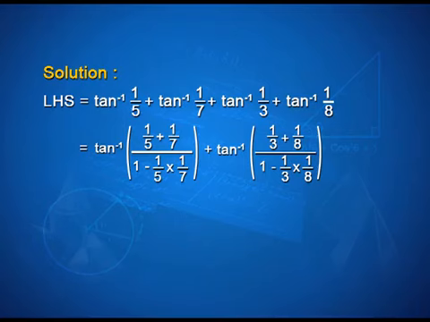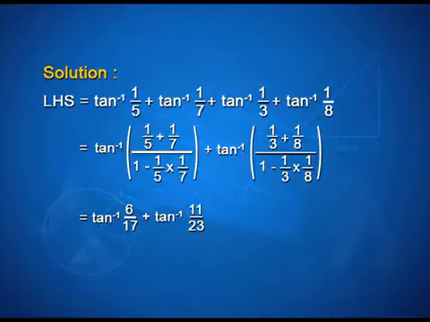Now, it is a simple basic calculation which will lead you to tan inverse of 6 by 17 plus tan inverse 11 by 23. So, starting with 4 terms with tan inverse involved in it, now we have come down to 2 terms, but still with tan inverse. So, what should we do? Apply the formula again and see what you get.